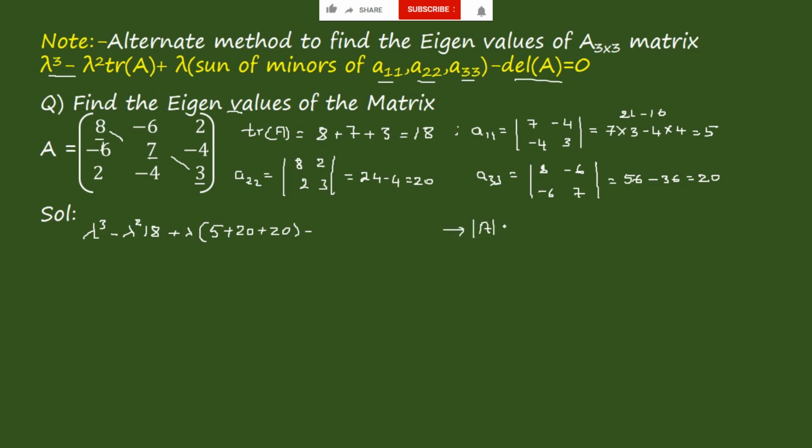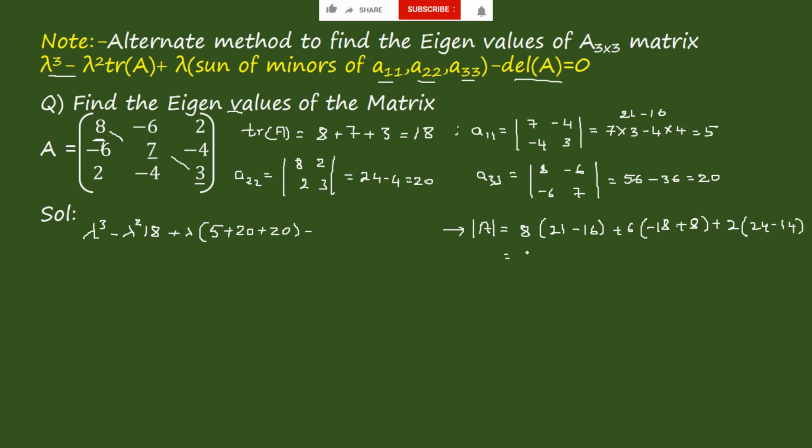Determinant of A is equal to, the first term is 8. 8 into 7 3 is 21 minus 4 4 is 16. Minus minus gets cancelled and becomes plus. 6 into 6 3 is 18, becomes minus 18. And here it becomes plus 8, plus 2 times of A. Here 6 4 is 24 minus 7 2 is 14, right?